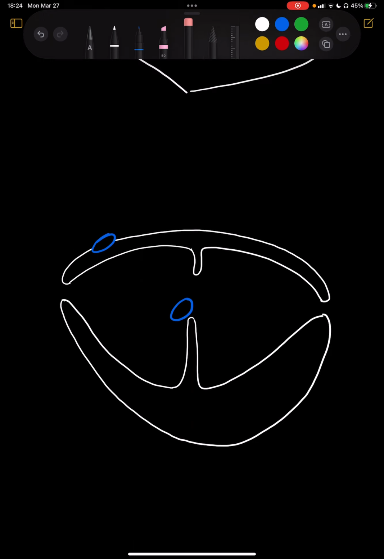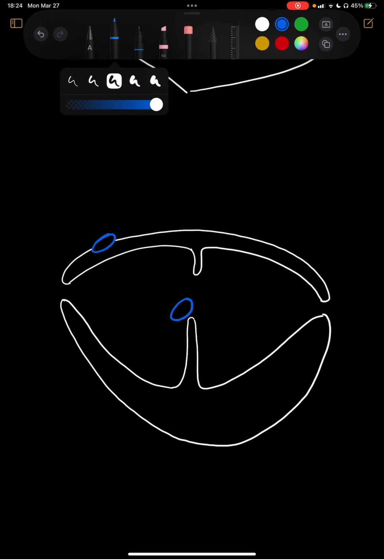Moving on to the next diagram here. The nodals are going to be here represented in blue.